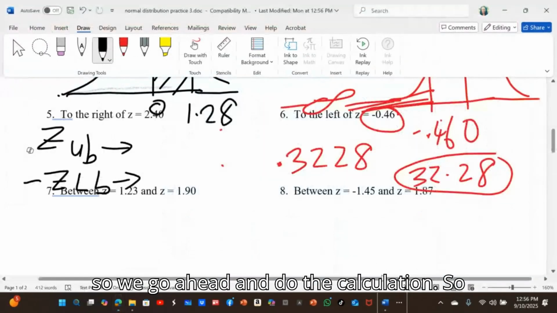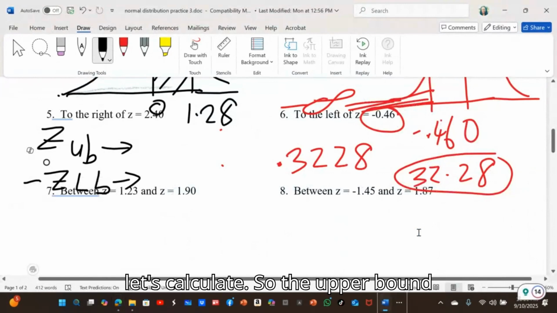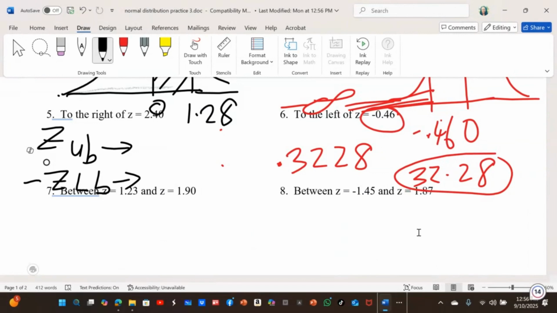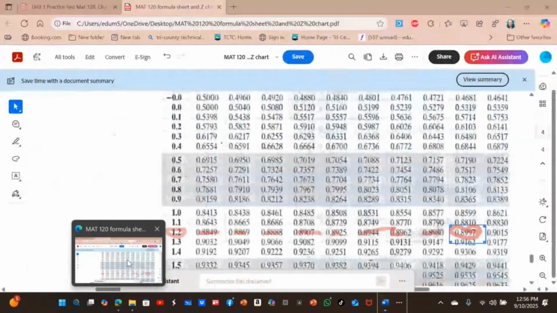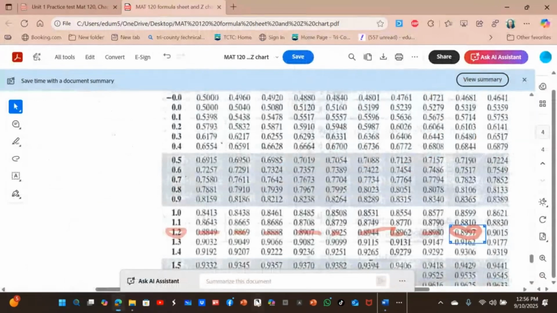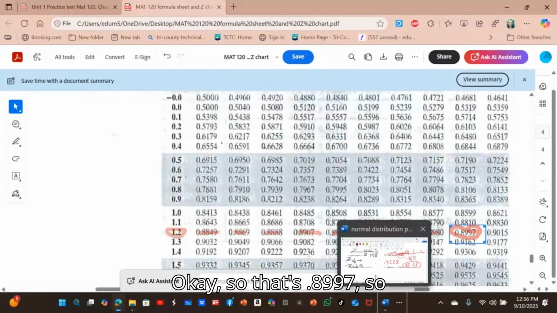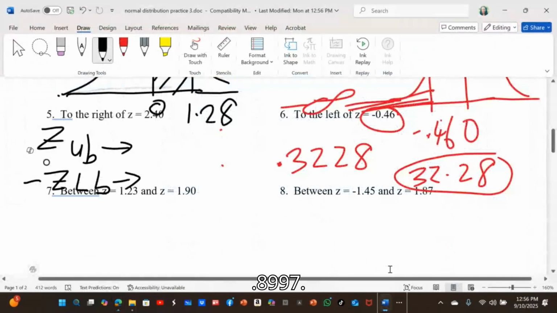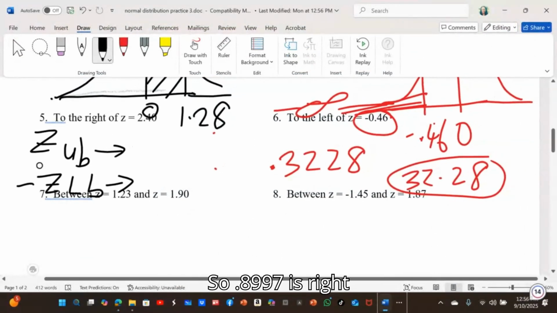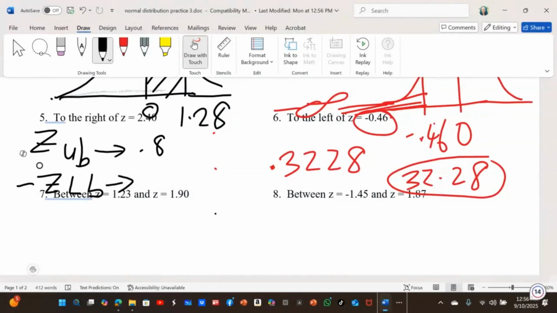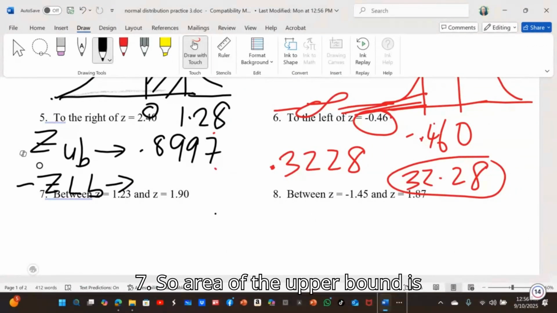So let's calculate. The upper bound is 0.8997. So the area of the upper bound is 0.8997.